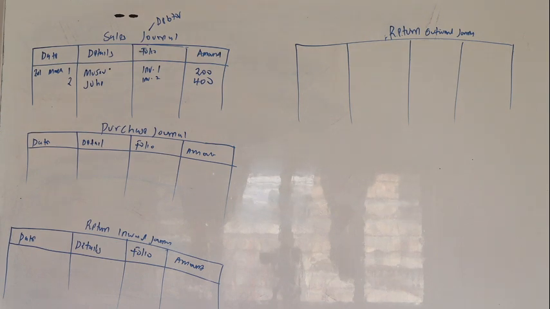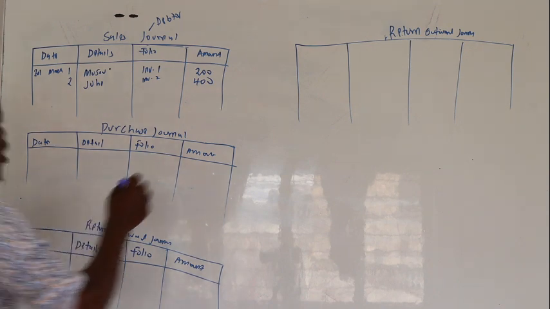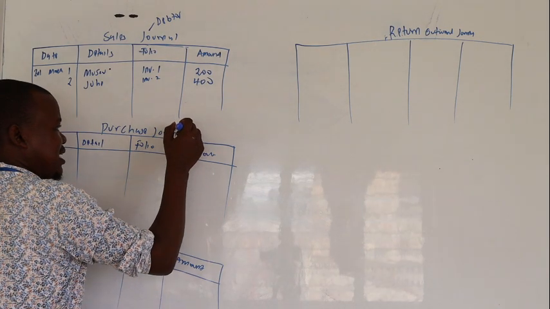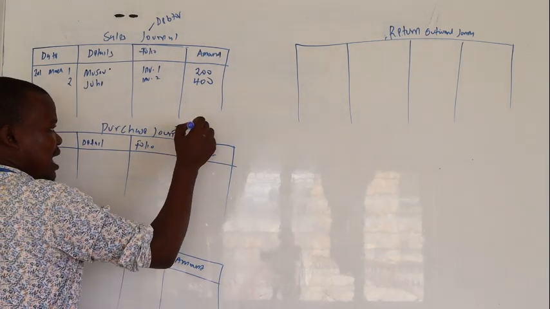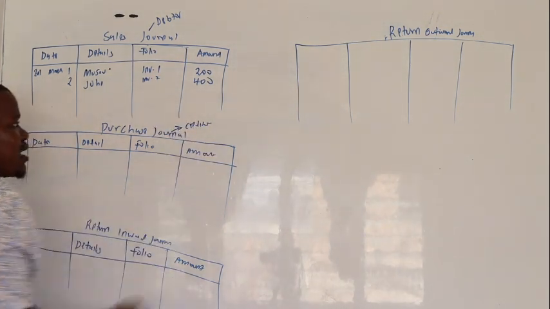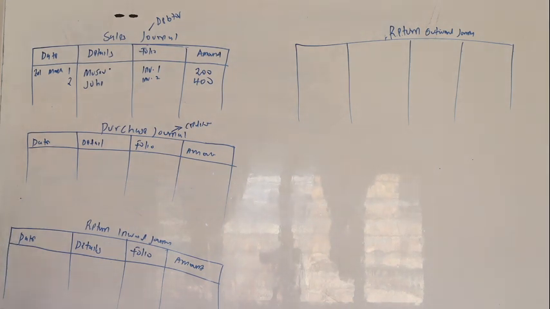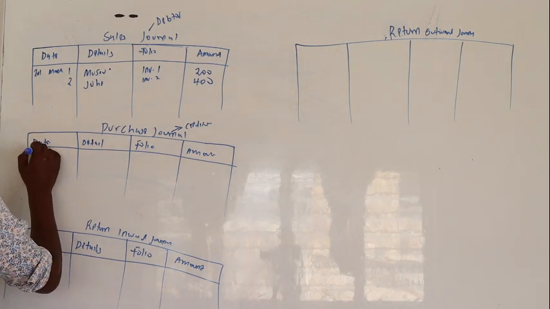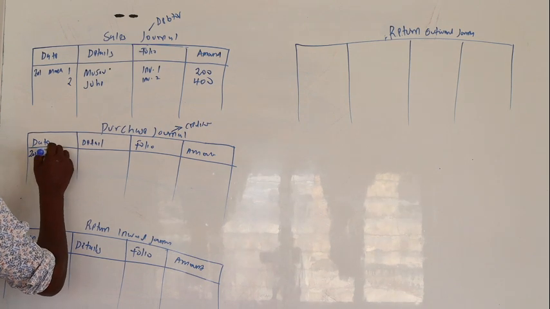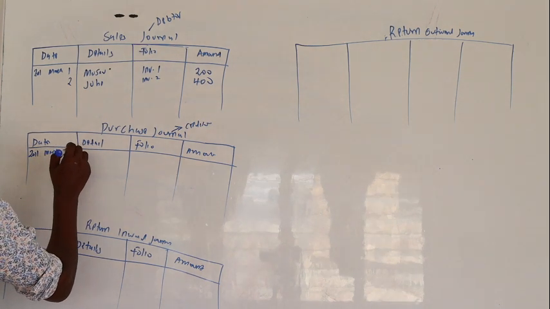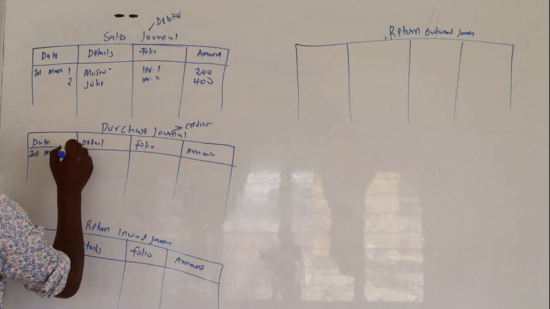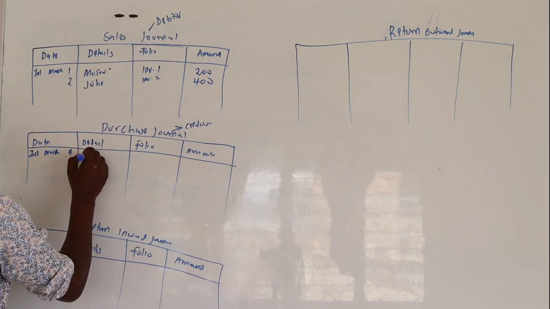Then on the other date, it was a credit purchase from Mutua. So a credit purchase is from a creditor. Creditors, we record them in the purchase journal. So it was 2011 March.